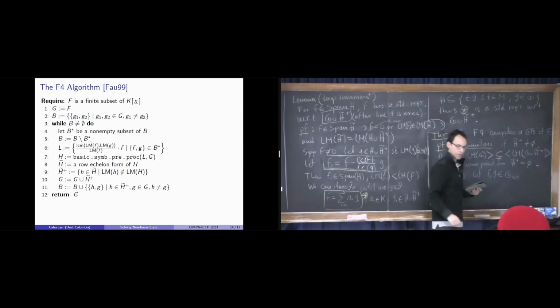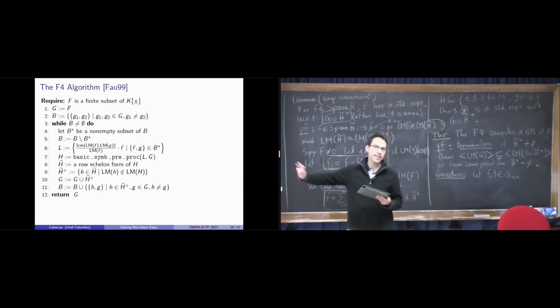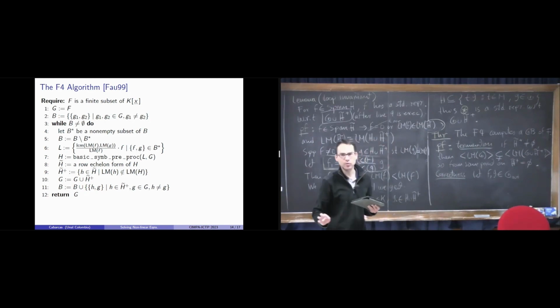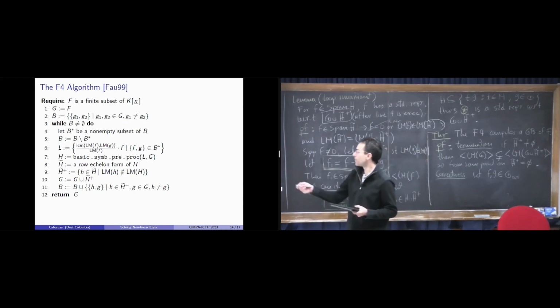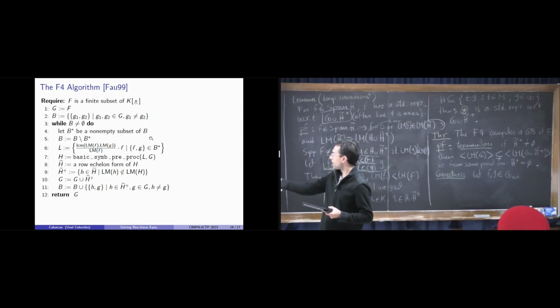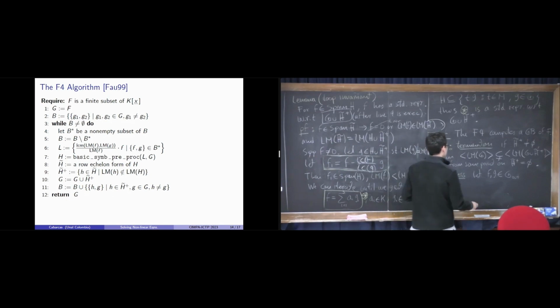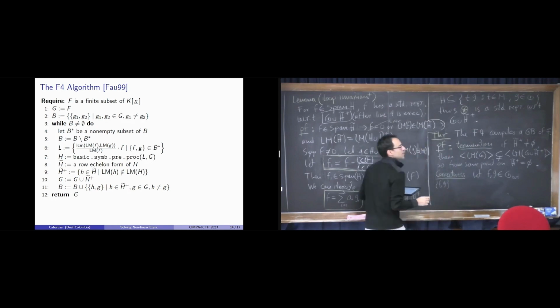And what I mean by G out is the final set G, the final basis that is returned at the end. So let's take two elements in the final basis. By the way, B is updated every time, and by how it was constructed originally, considering all the pairs of G, it's safe to say that the pair was considered at some point, was part of B star at some point.